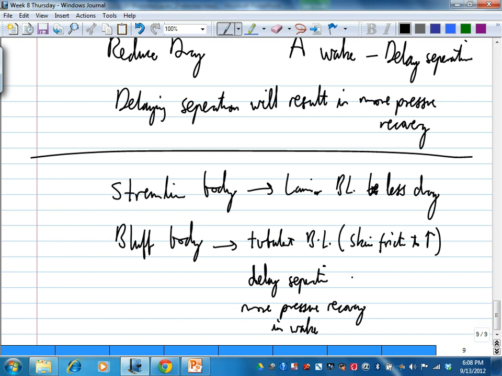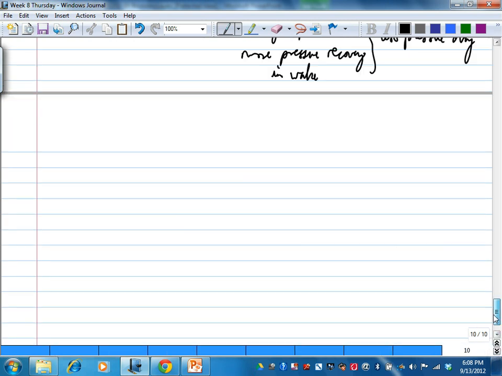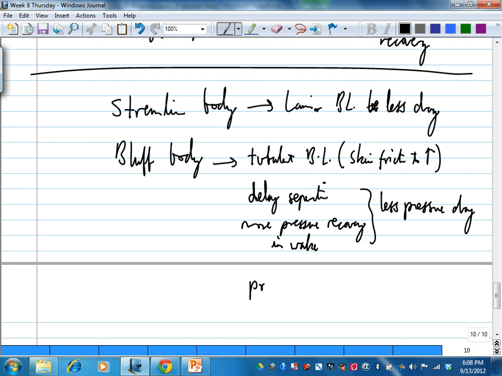So what's the result then? Overall, less pressure drag, and overall this is good because pressure drag is much larger than skin friction. You follow the story so far?